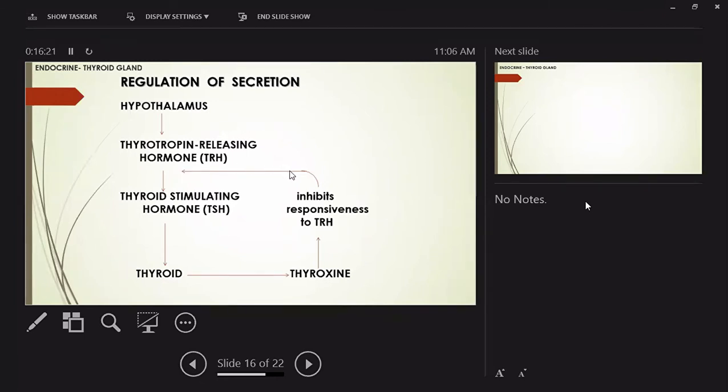So a small amount of TSH will be produced by the anterior pituitary, and the thyroid also will decrease its production of your thyroxine.